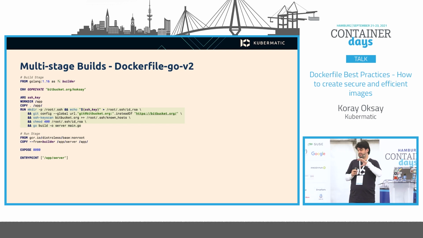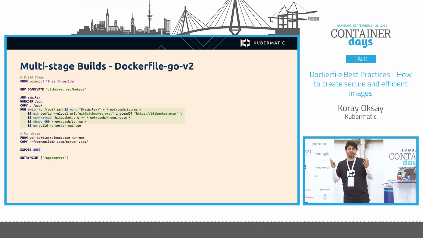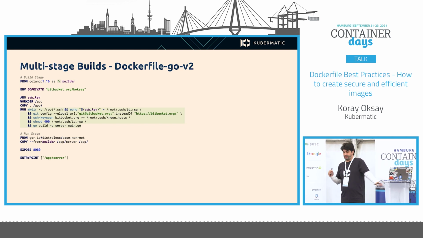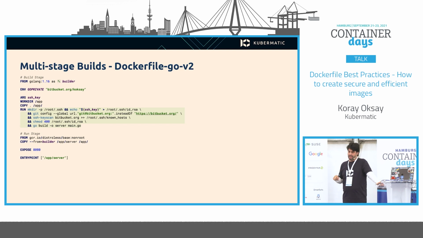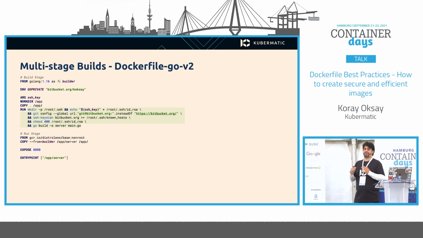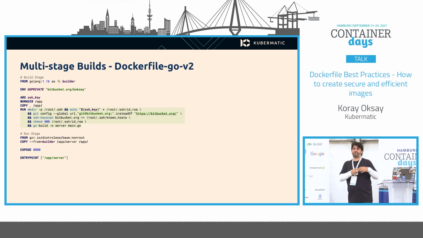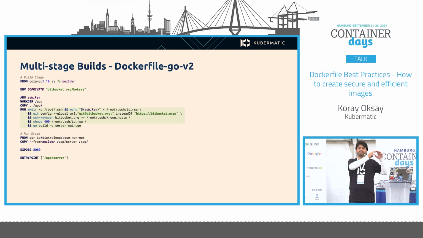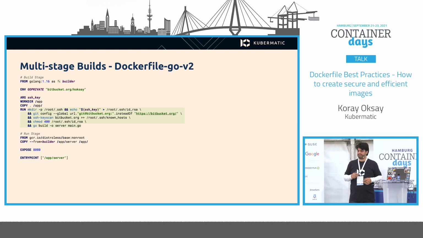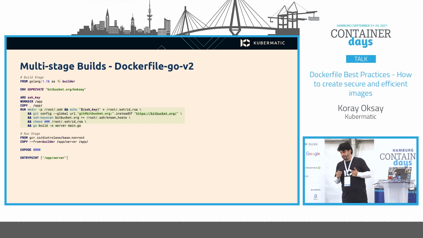The container in the build stage will be garbage at the end. And in the run stage, the second stage, I copy the binary from the builder to my new container. So instead of building the Go application in the pipeline, you do it inside your Dockerfile.